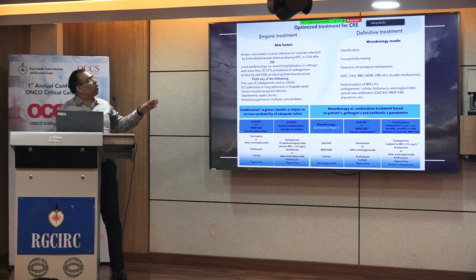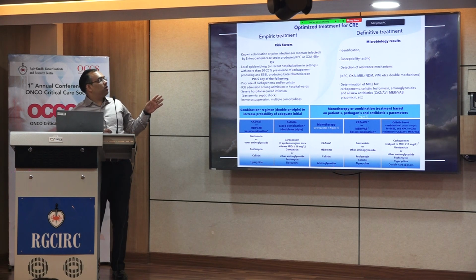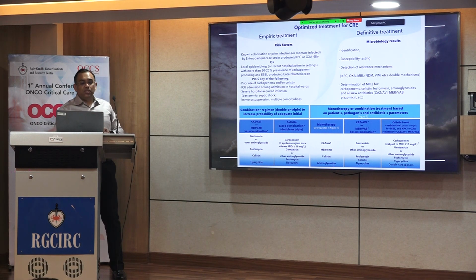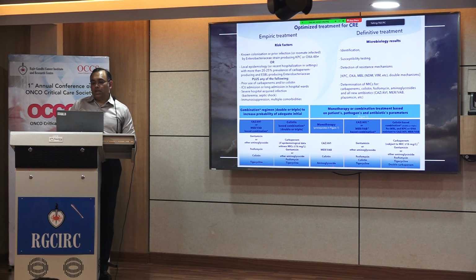When we talk about CRE, and if you're thinking about empiric treatment, and you know that there is known colonization or a local epidemiology with more than 20-25% prevalence of carbapenemase-producing and ESBL-producing Enterobacteriaceae, plus any of these factors, you have to look at combination therapy, and it could be double or triple to increase the probability of adequate therapy.